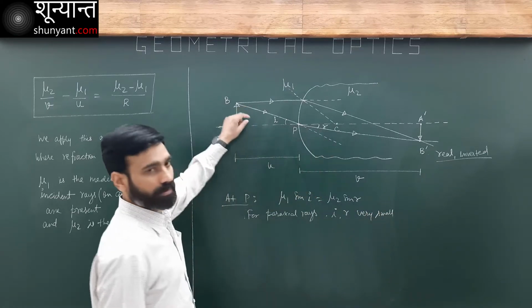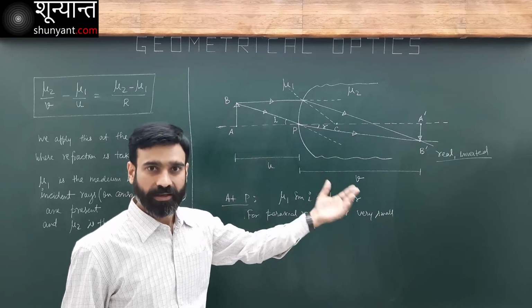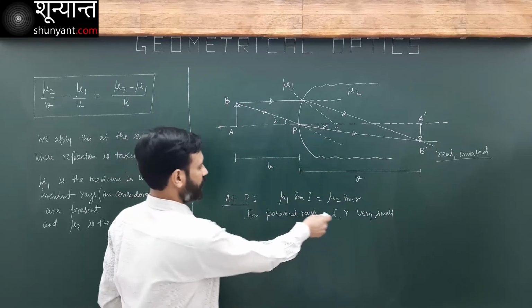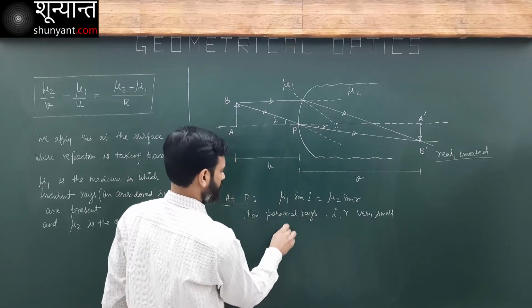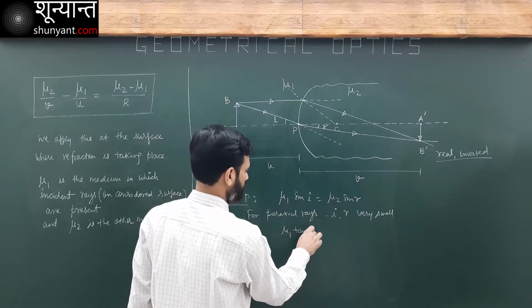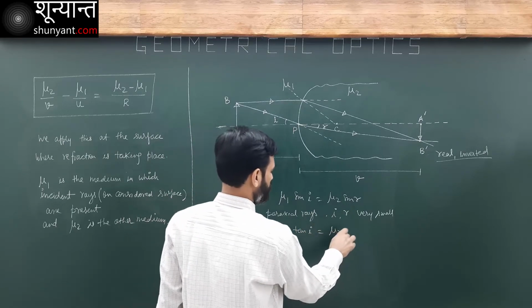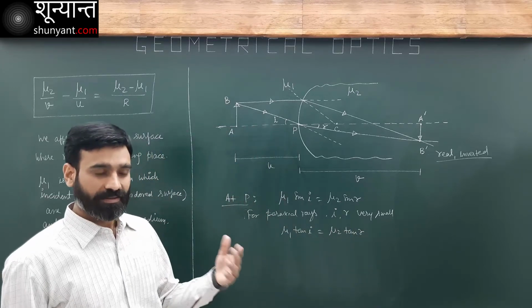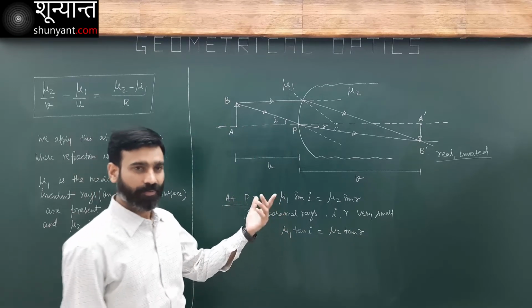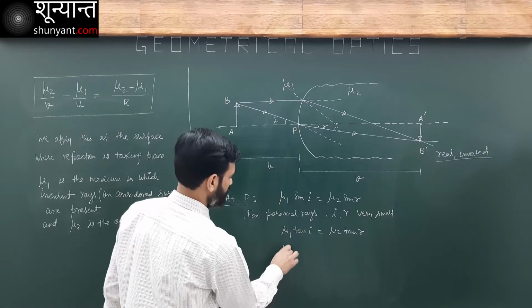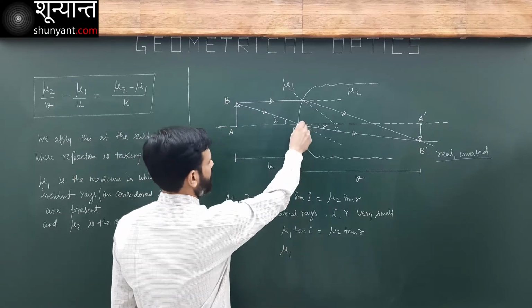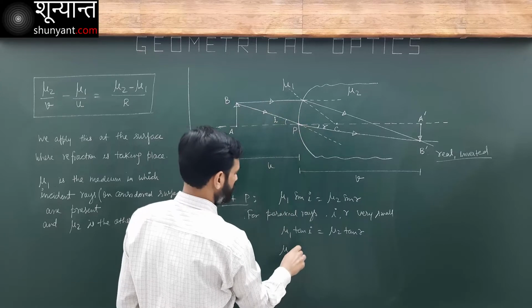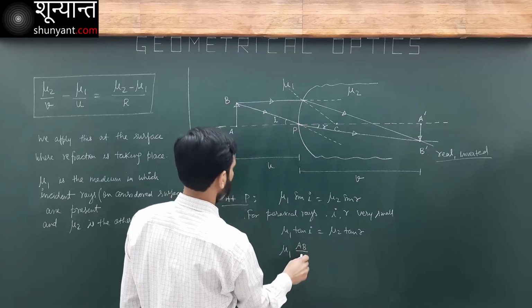If i is small, r is of course going to be correspondingly small. So I can write it as mu1 tan i equal to mu2 tan r. When the angle is very small, sin theta and tan theta are approximately equal. Now, what is tan i? It is going to be AB over PA.